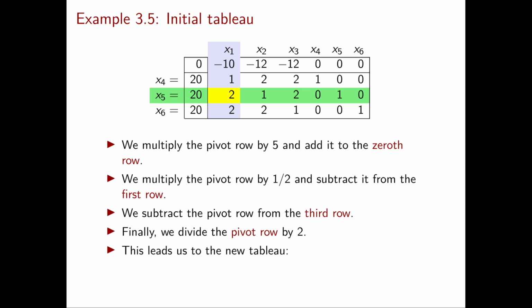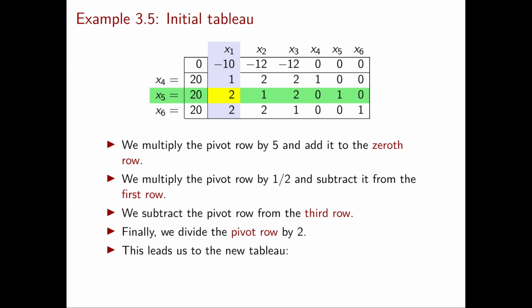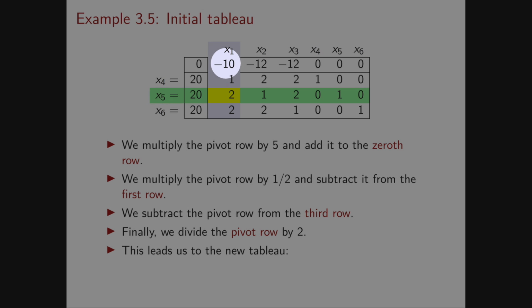Next, we need to compute the new tableau corresponding to the new basis. In order to do that, we need to perform the elementary row operations that transform the pivot column into the column that has 0, 0, 1, and 0. So to have a 0 in the 0th row, we need to multiply by 5 the pivot row and add it to the 0th row. To obtain a 0 here, we need to instead multiply the pivot row by 1/2 and subtract it from the first row.